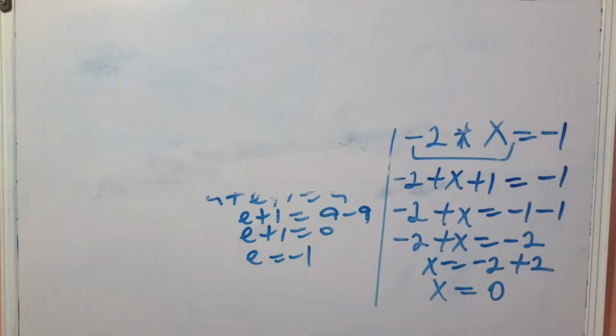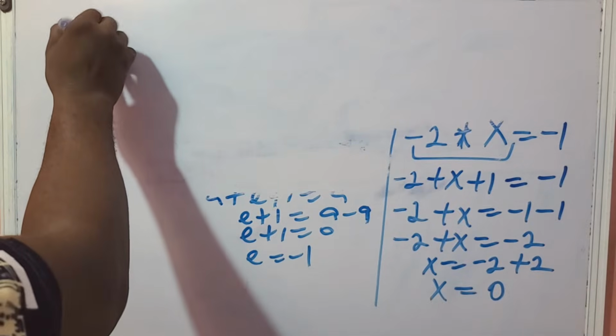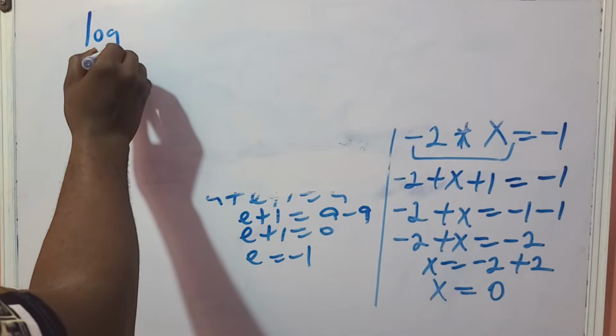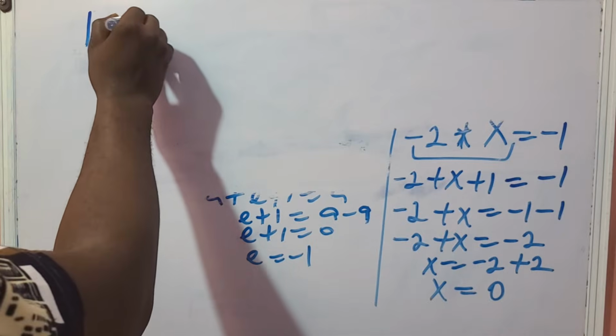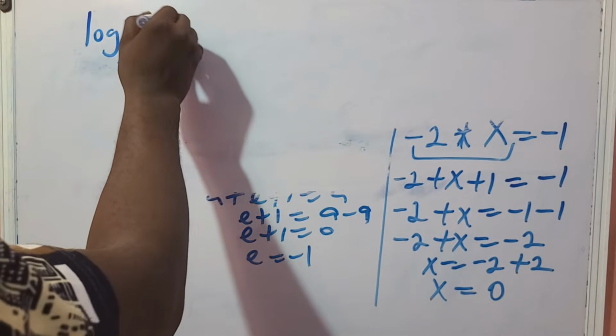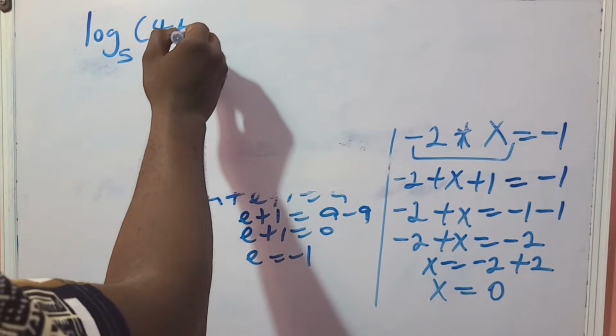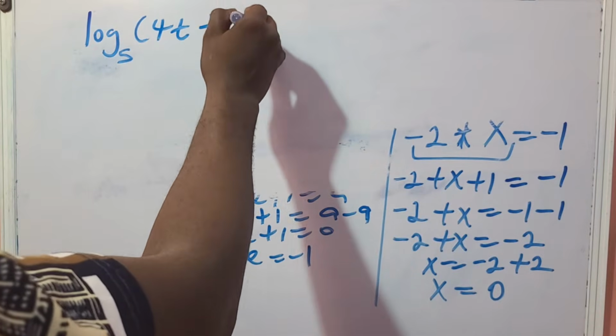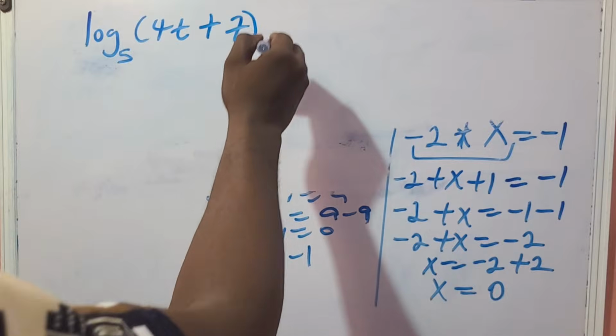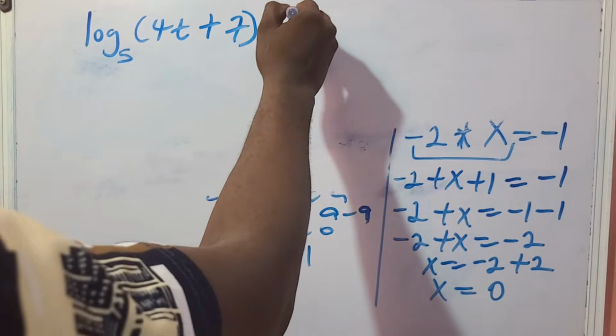So let's see this question. Let me see how you do this question on logarithm. I want you to always understand that when you are told to solve an equation, whatever the unknown letter, probably x, probably t, in this case it's t, you should find that unknown.